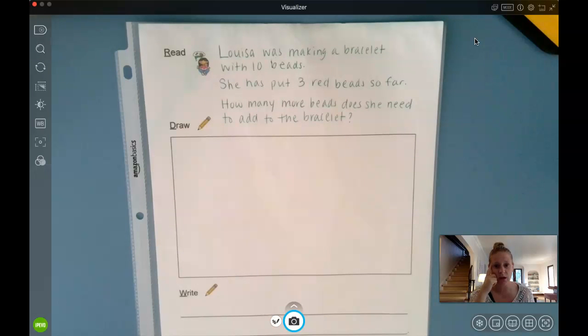Louisa was making a bracelet with 10 beads. She has put 3 red beads so far. How many more beads does she need to add to the bracelet? Open your eyes.